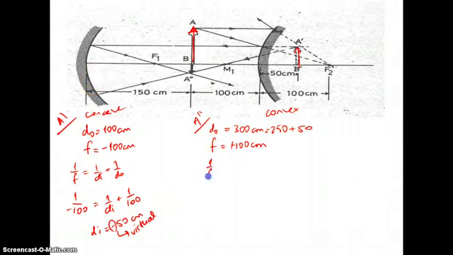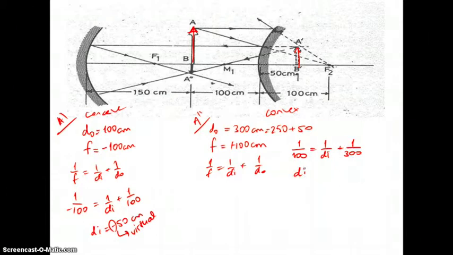Again, using the same formula, 1 over f equals 1 over di plus 1 over do, we can find di. 1 over 100 equals 1 over di plus 1 over 300.